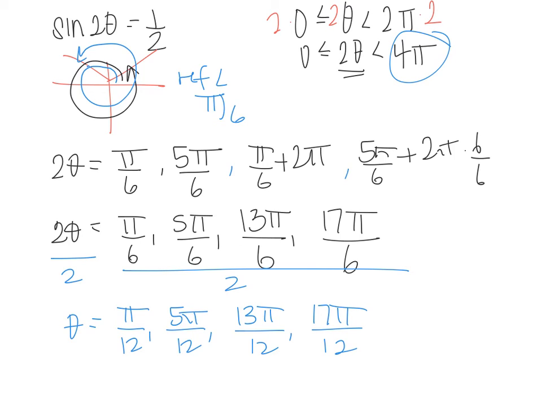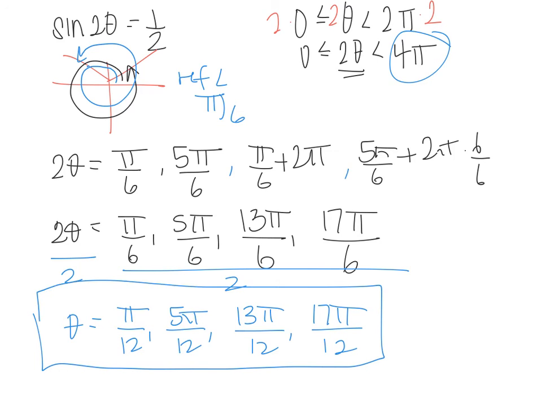And again, if you go back to your graph of sine 2 theta equal to a half, you can see that these 4 values are the ones that are going to satisfy the equation. Certainly go back and do a quick check, and I'll just check one of these solutions. Sine 2 theta, let me pick 13 pi over 12, equal to a half. We'll do some simplification.